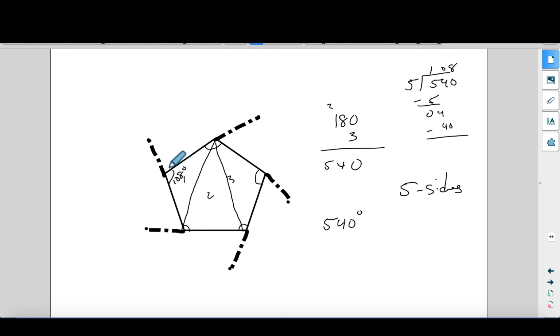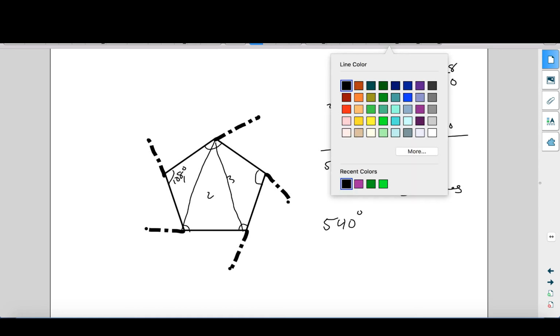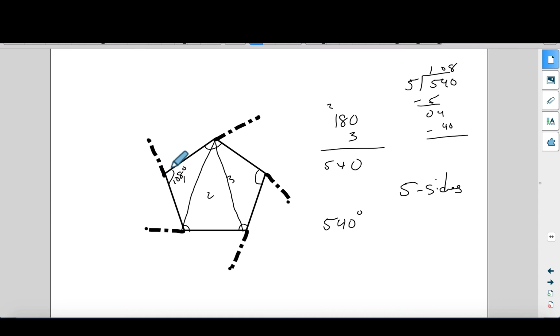So my question isn't what is the interior angle. My question is what is this angle right here? If this is 108, what is that angle? Well, we know that on a straight angle, from here all the way to here, is 180 degrees.